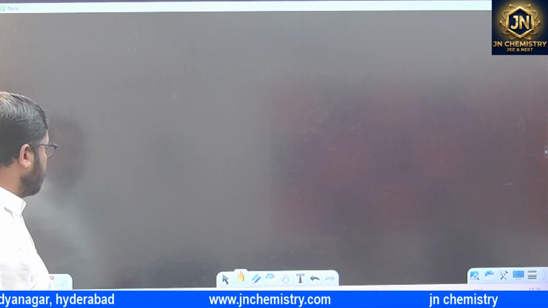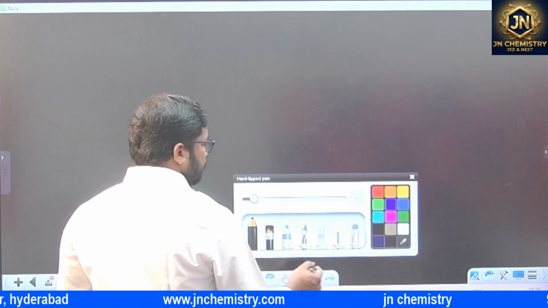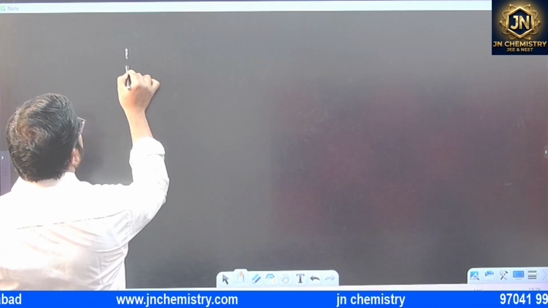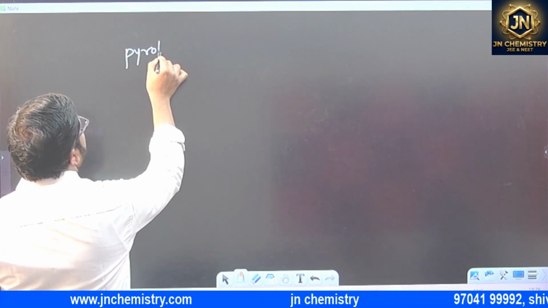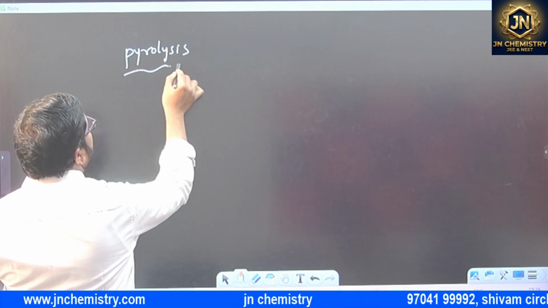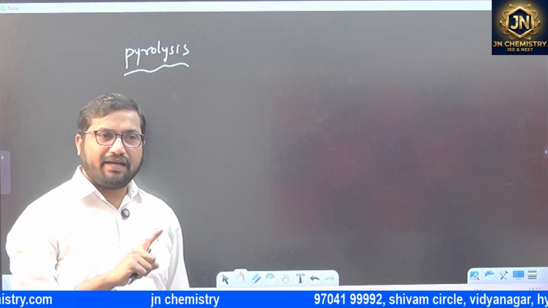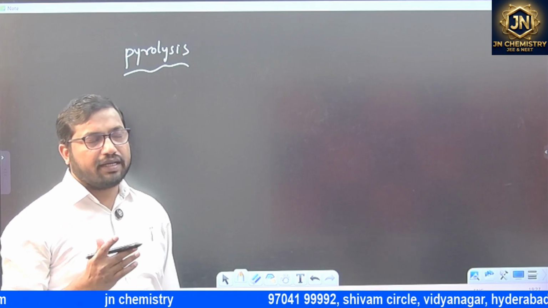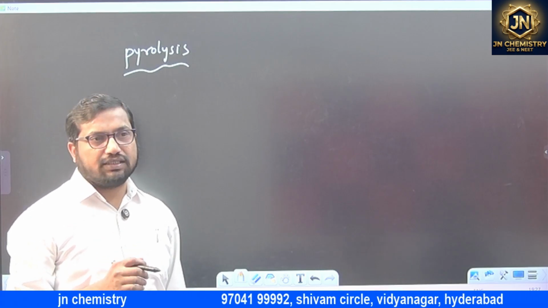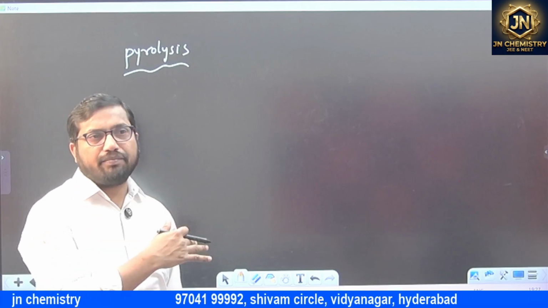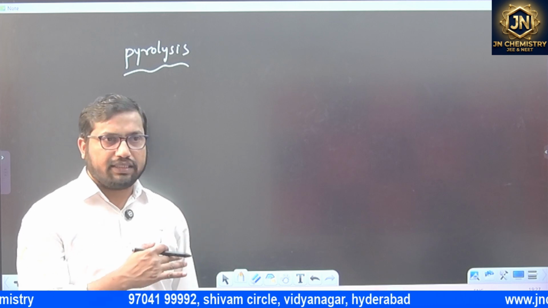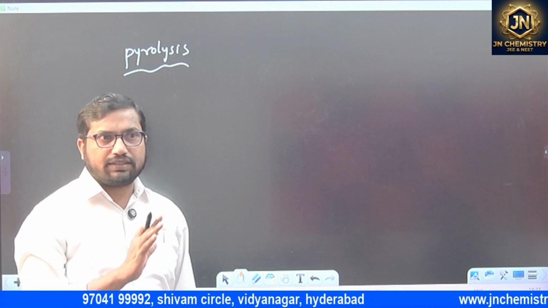Next, pyrolysis from esters. Pyrolysis is cracking, which I explained earlier. When we heat in the absence of oxygen, we'll get lower alkenes as well as alkanes. We don't know which type of products are forming.